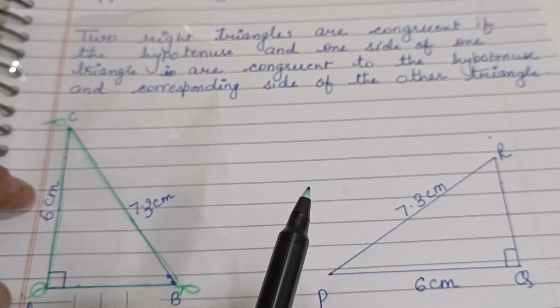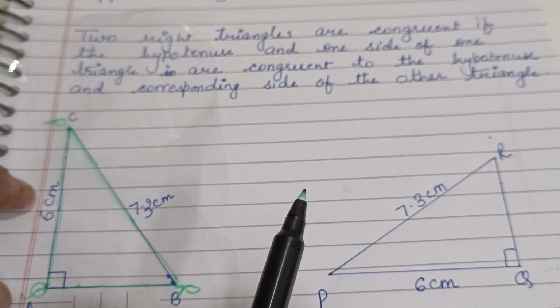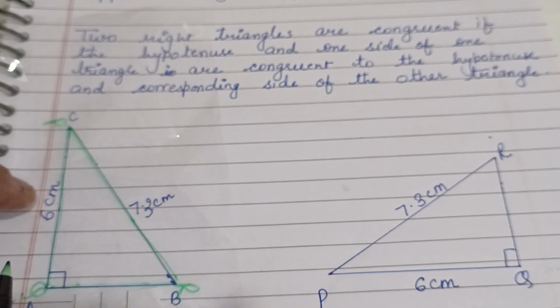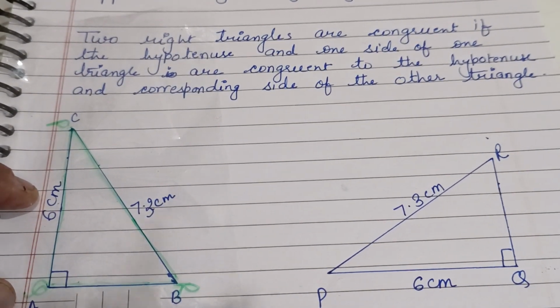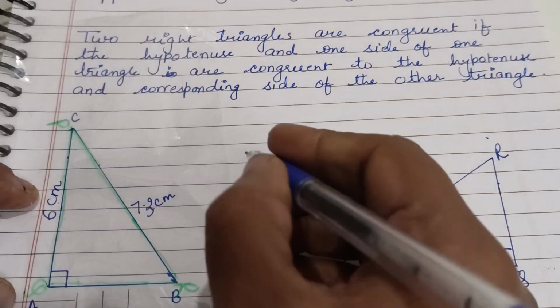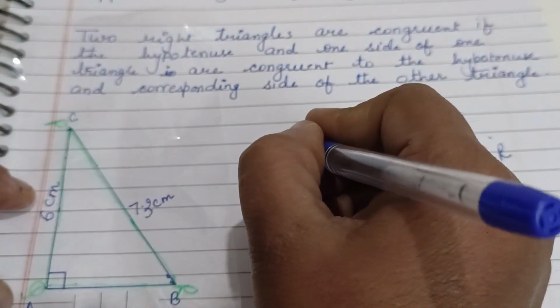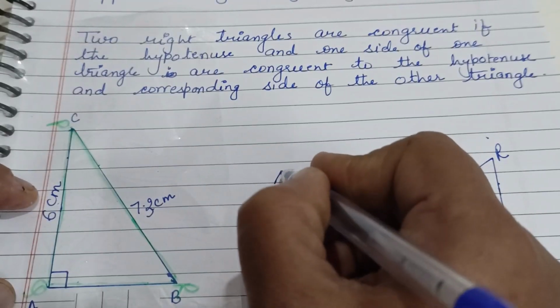That means both the triangles are congruent to each other. But in which order? We can see that A and Q are overlapping, P and C are overlapping, R and B are overlapping. So how do I write the congruence relation?